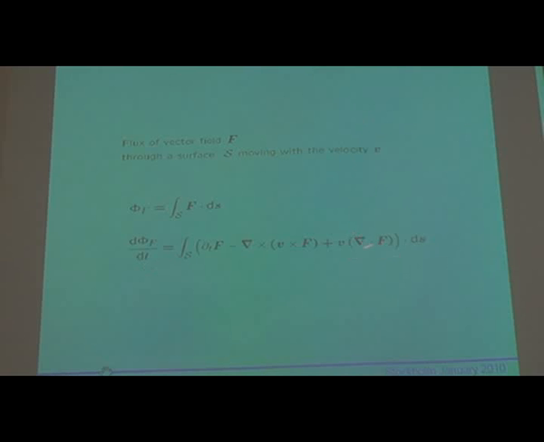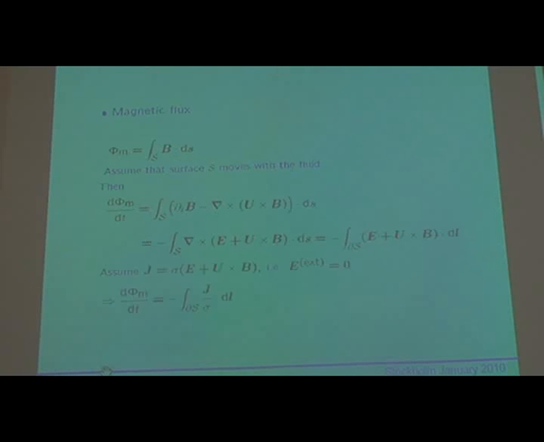In the case of the magnetic field, this term vanishes with divergence B equal to 0, and you get this relation again, which has nothing to do with Maxwell's equations or equations governing B, except divergence B equal to 0.